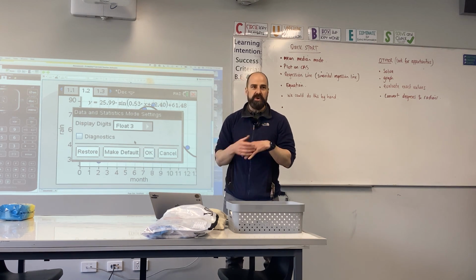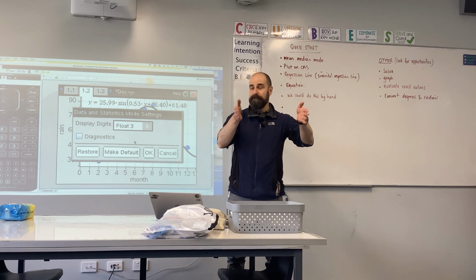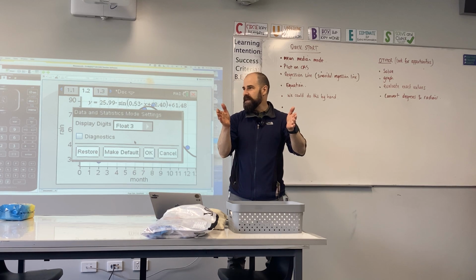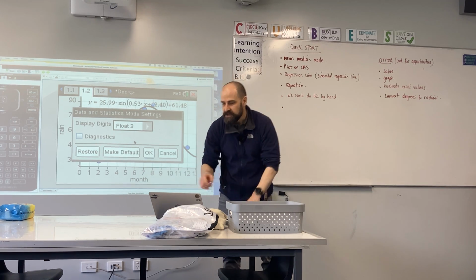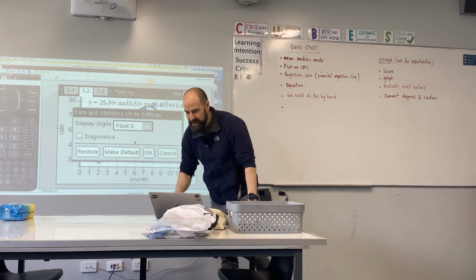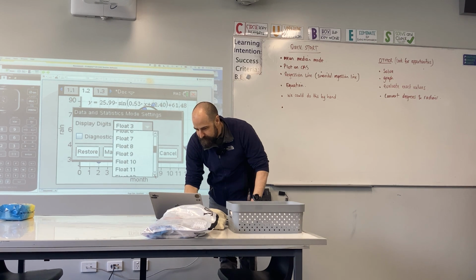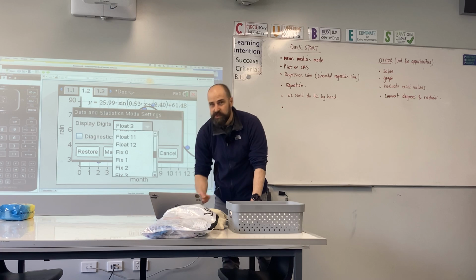If you don't know, significant figures just counts the total number of numbers. Decimal places is how many numbers are after the decimal. So float is significant figures, fix is decimal places. Why might I choose to go to 2 decimal places? Often they ask for 2 decimal places, so it's just what I'm used to.